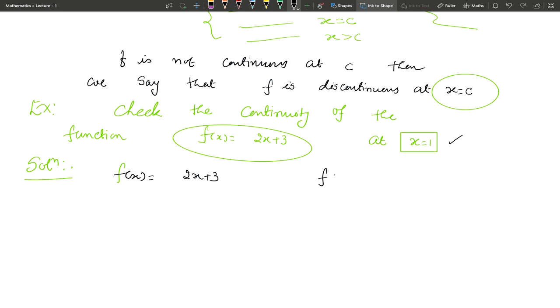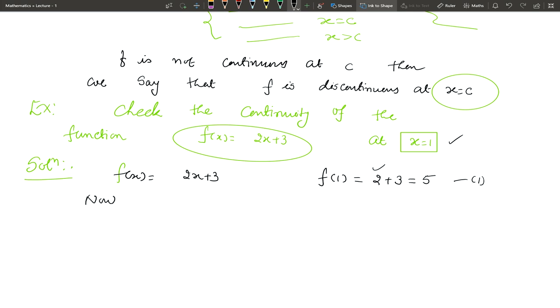So first we evaluate f of 1. Put x equal to 1. 2 into 1 plus 3, that is 5.